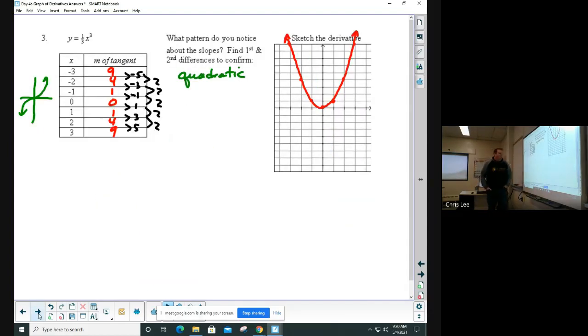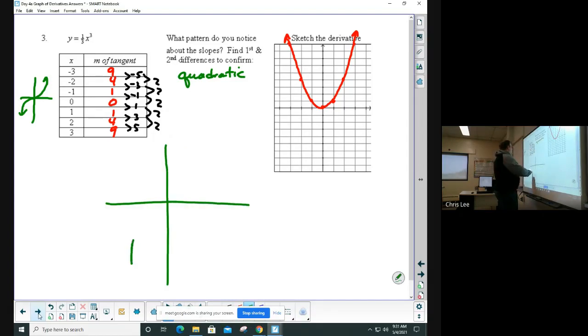Then you move along and start trying to draw the derivative of the quadratic. This one was just 1/3 x cubed. Again, let's start doing the pencil test. It starts steep, and the slope is positive.